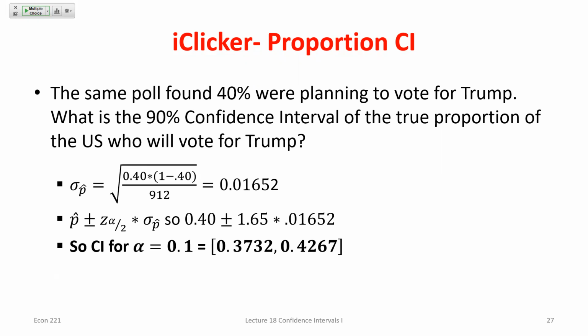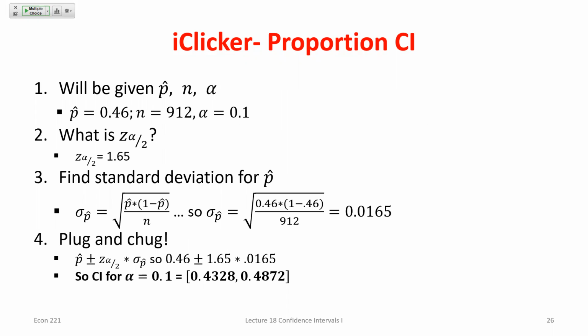So we go back to Clinton. Right? So this represented that the true population of people who were going to vote for Trump was somewhere in this range, based off of my sample. The true proportion of people going to vote for Clinton was 0.4328 and 0.4872.